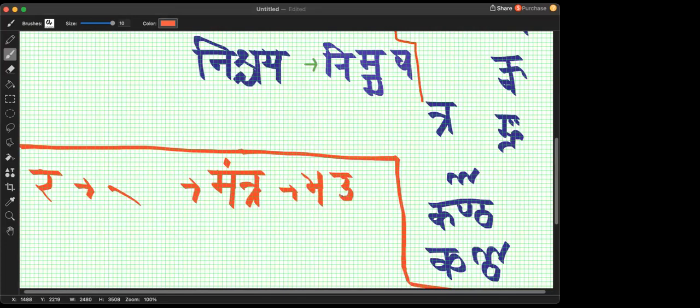You hear that first. And r, what you're going to do, you'll just add it like this. Mantra. For all the alphabets, r is written as a sharp line which is pointing towards right down.